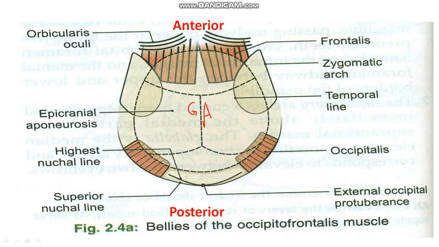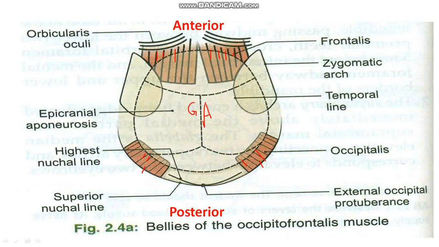This is the frontalis muscle, which is anterior. This is in the anterior aspect, and this is the occipitalis, which is present posteriorly here.